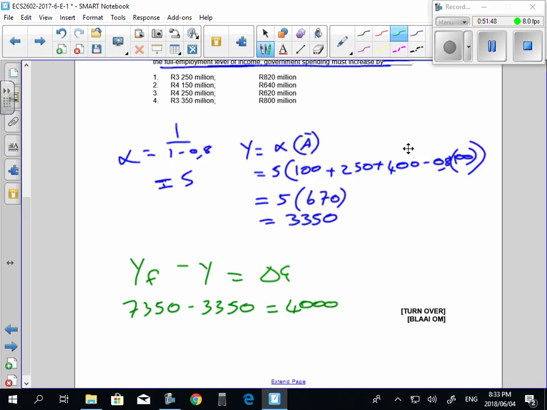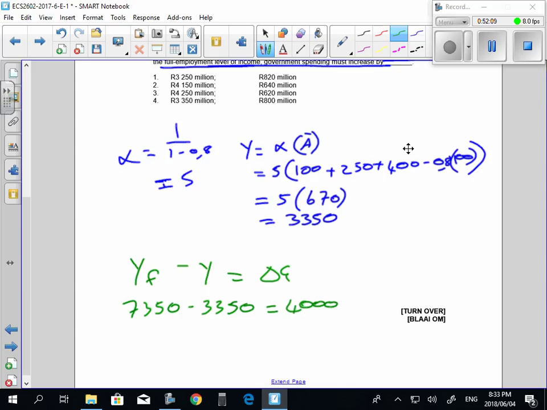But now, if government expenditure had to change by 4,000, the multiplier process would take over after they've spent the 4,000. So they would spend 4,000, we would reach the full employment level of output and income, and then the multiplier would take off from that point. Okay, so it would actually push our economy past the full employment level.